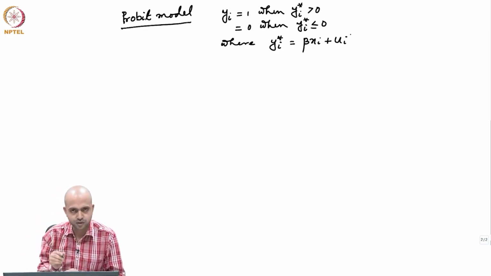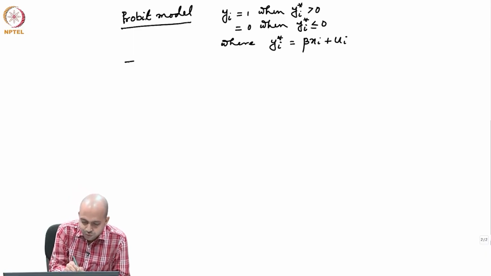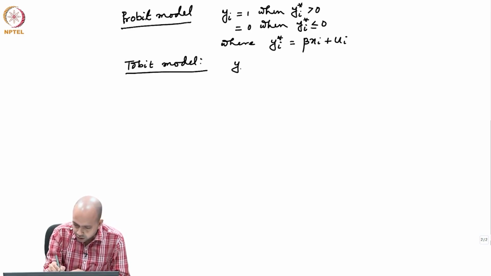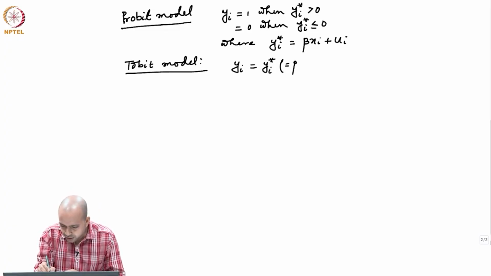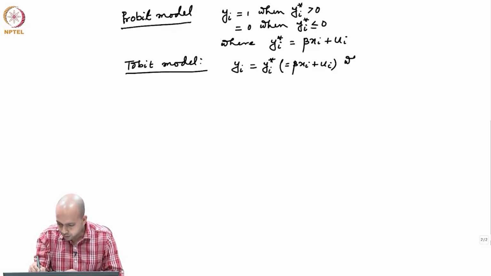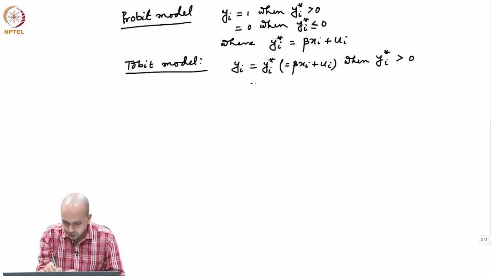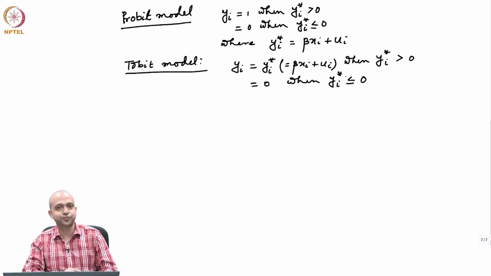This is how we have modeled the Probit. But in case of Tobit, we are saying that yi equals yi star, which is equal to beta xi plus ui, when yi star is greater than 0, and yi equals 0 when yi star is less than or equal to 0.